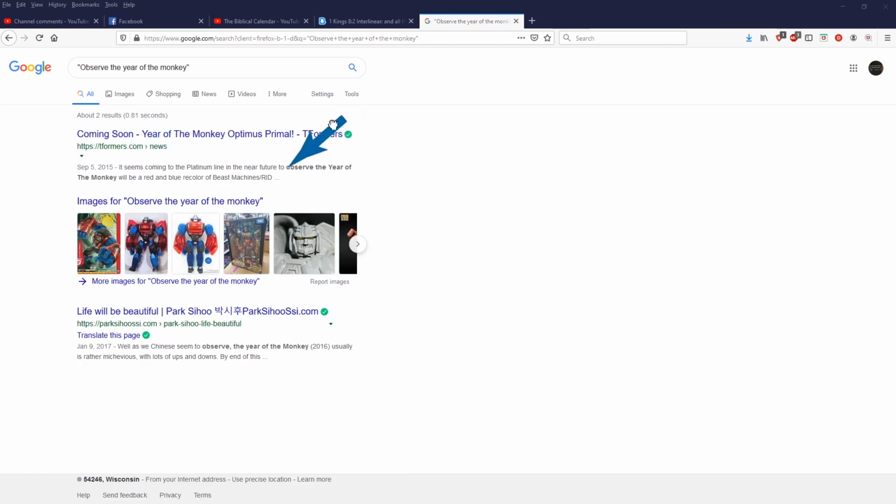Observe the year of the monkey. They would actually say observe the year of the monkey in English. So let's say now that observe is shamar or shamor in Hebrew, means to watch or to watch for. So then that means we should use monkeys. We should go out and look for monkeys to observe the year of the monkey.